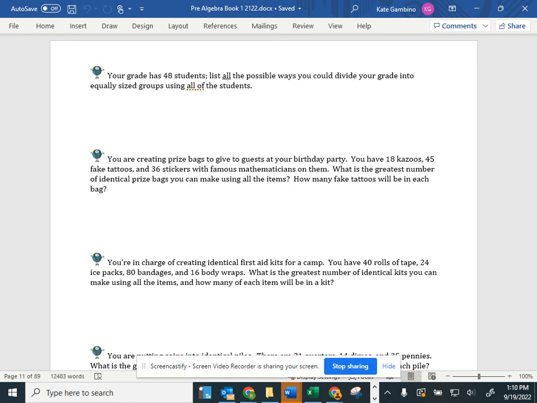Flip it around. You could also have a group of 16 with only 3 in a group. So make sure you write it going both ways. 16 groups with only 3 people, or 3 groups with 16 people in each group. So you have to say it both ways for all the factor buddies.